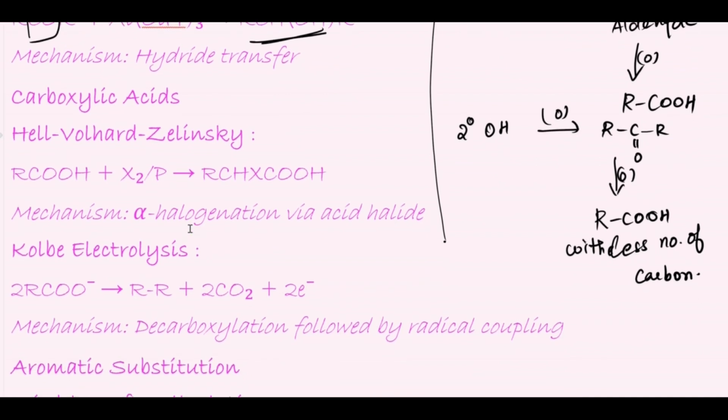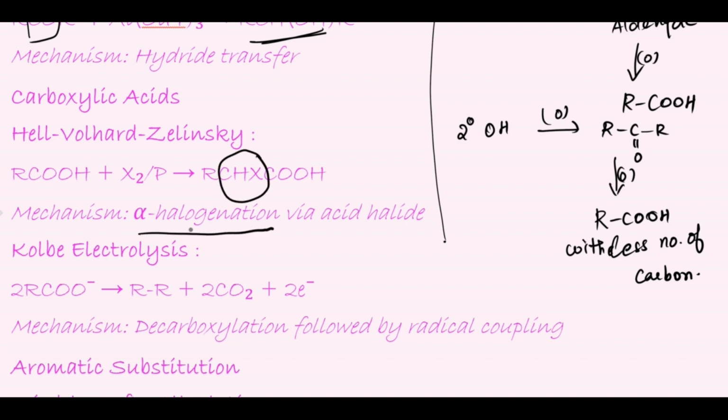Then HVZ. HVZ, here you have to see it is taking place in the presence of red phosphorus and I2. It is just giving you CHX, the halo substituted carboxylic acid. It is getting substituted in alpha position.